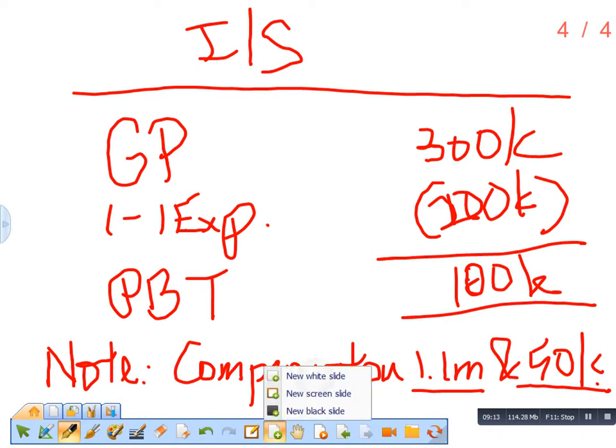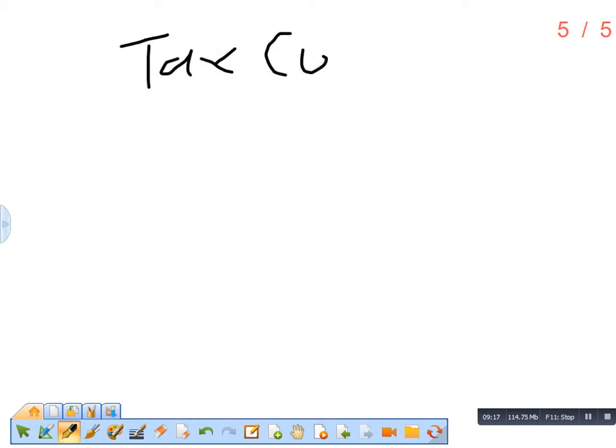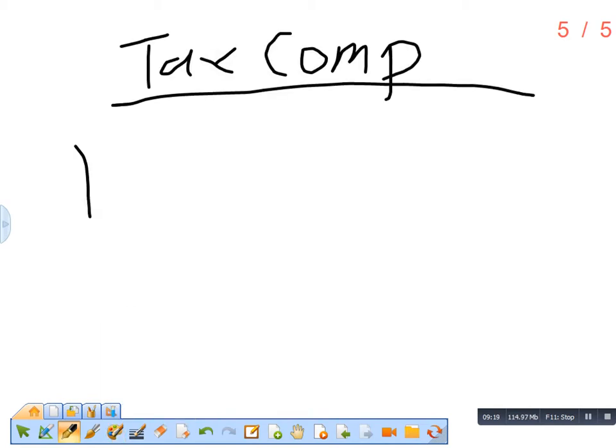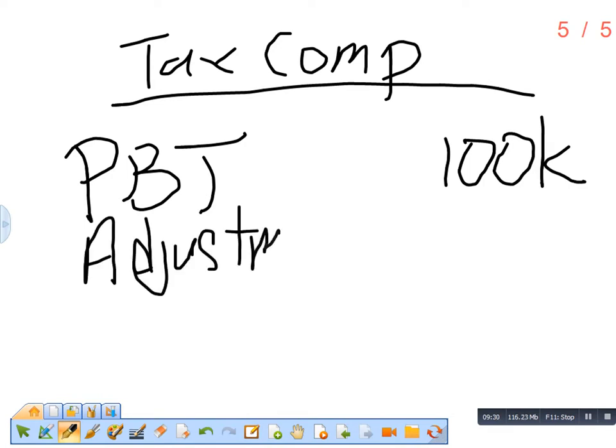So normally I will prepare a tax computation again. And then my tax computation will again start from profit before tax. Am I right? So just now my profit before tax is 100,000. So later on we need to have some adjustment. Okay, got two incomes never recorded into the profit and loss, didn't include in this profit amount.